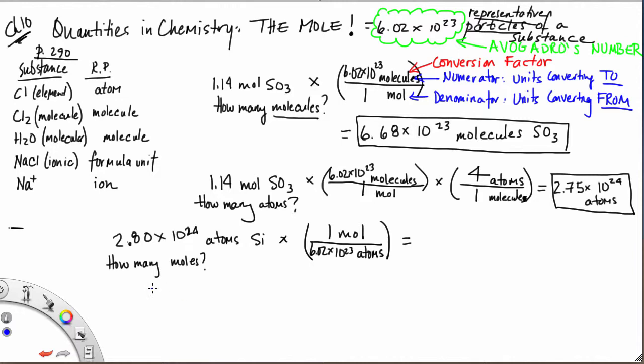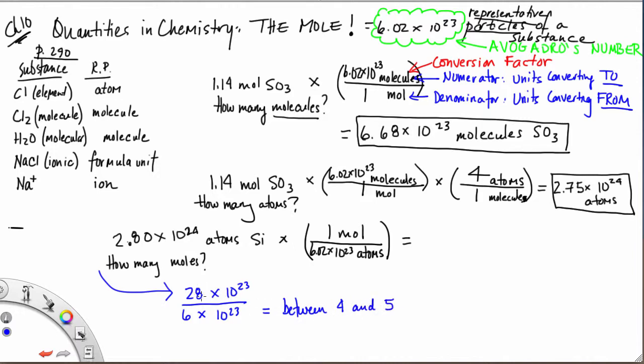2.80 times 10 to the 24th is also equal to 28 times 10 to the 23rd if I put it in the same exponent form as Avogadro's number. And then if I'm dividing by 6.02 times 10 to the 23rd, which is about 6 times 10 to the 23rd, I'm going to end up with an answer that is between, if we think about it, 6 times 4 is 24, 6 times 5 is 30, so our answer should be between 4 and 5.